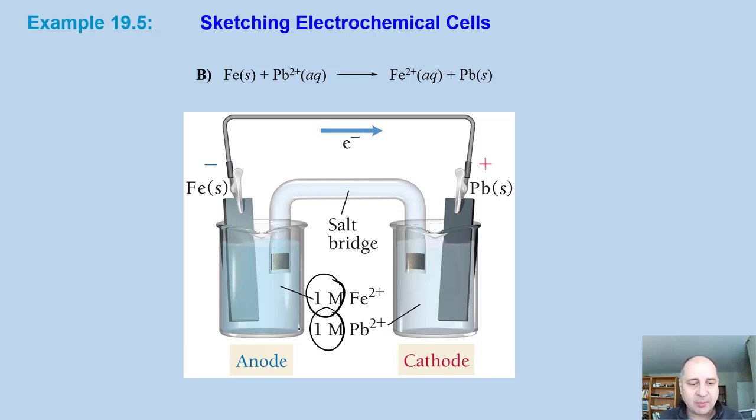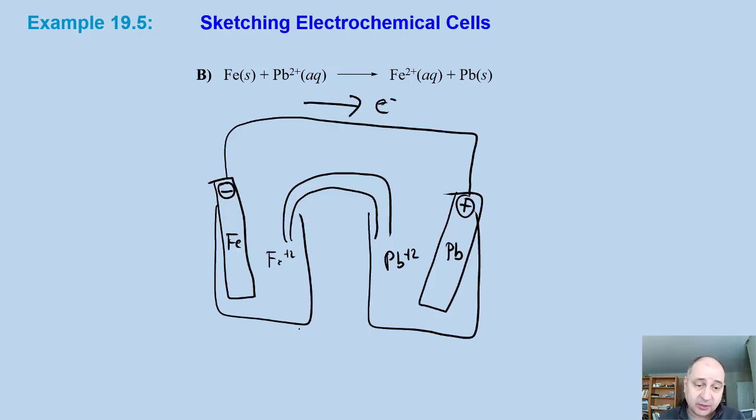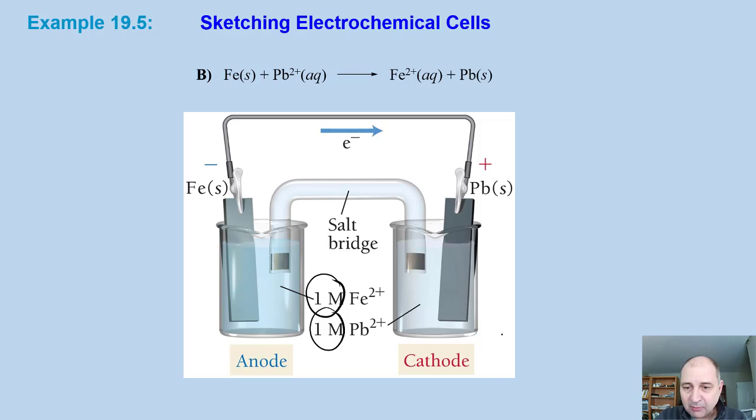Oh yeah, I forgot to label them anode and cathode, so that's also pretty important. So you want to label this the anode and this the cathode. I think I said it, I just forgot to label it. So anyway, I probably won't ask you to label that, but you should be able to tell me which way the electrons flow, which one the anode and the cathode is, so that's no problem.